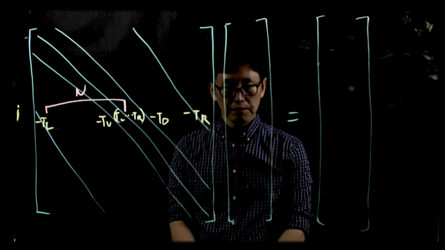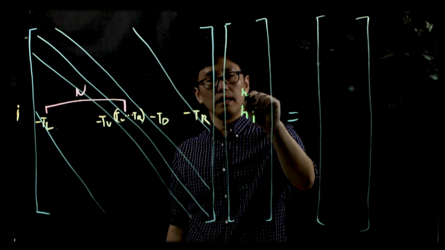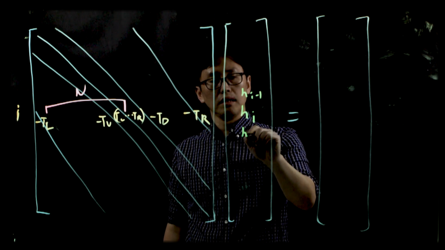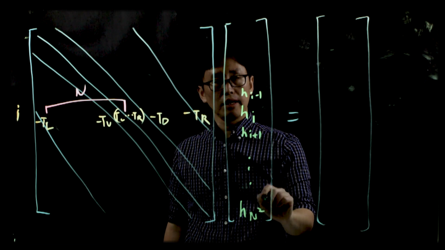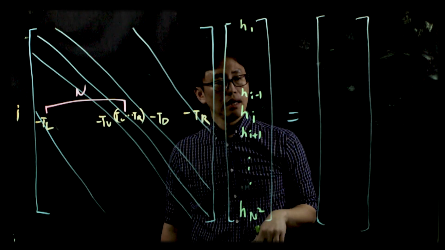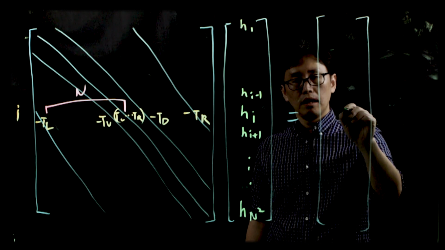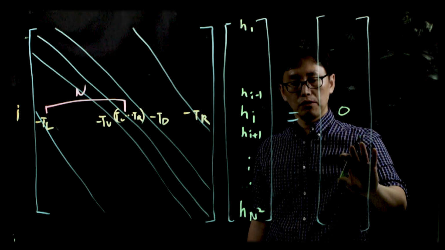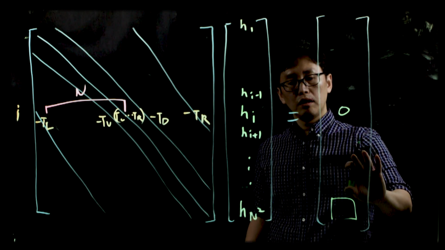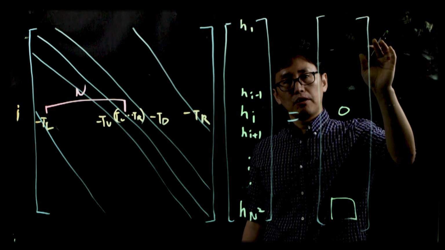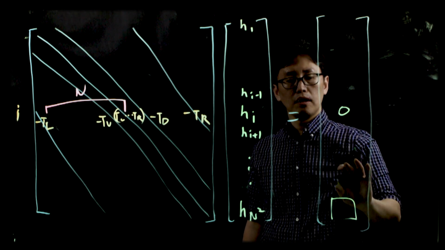And the elements should be here HI, HI minus 1, HI plus 1, down to H N square, and here are H1. And this is the right-hand side vector. Most of the elements are 0, but you should be able to know where the elements are non-zero and what the values are for those non-zero elements.